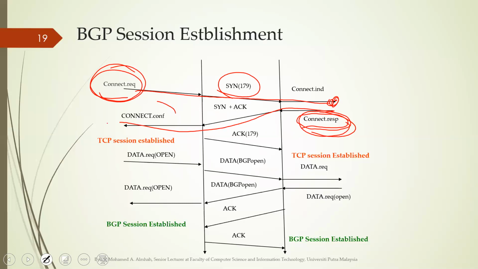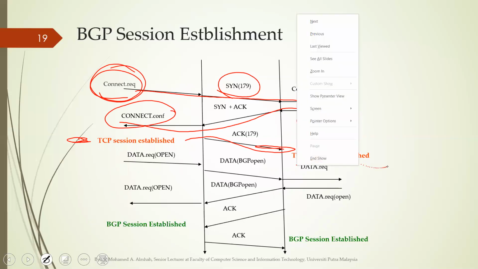So here we will have something called connection configuration. Up to this level, we have the TCP session already established. Then they have to send an acknowledgement for the ACK 179 to tell the other side to establish the session.